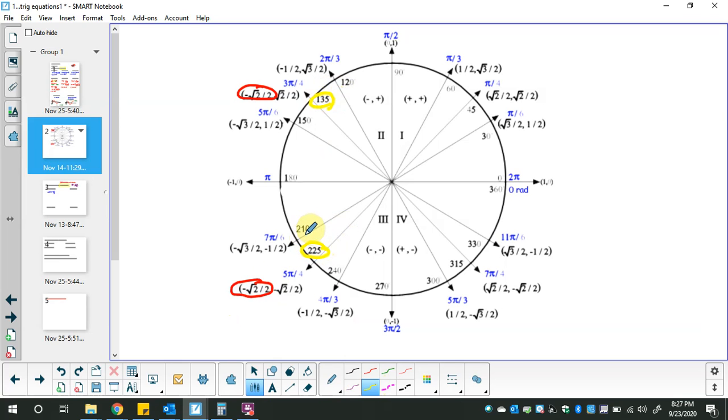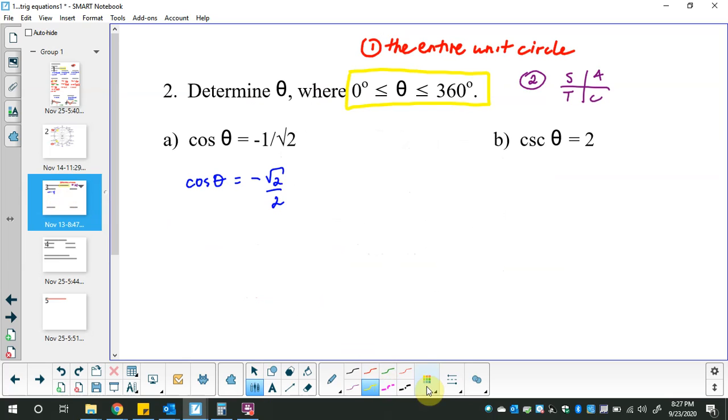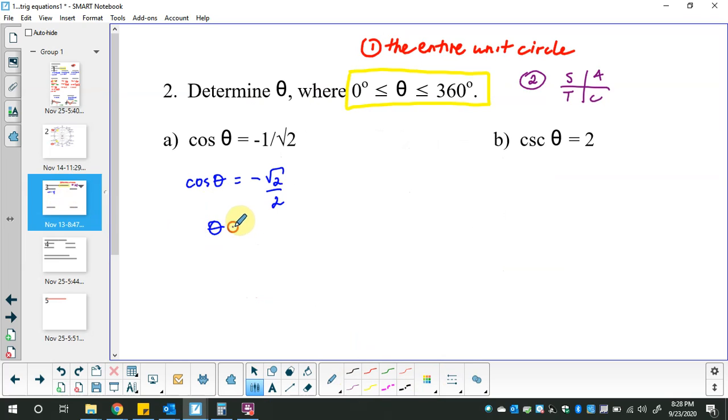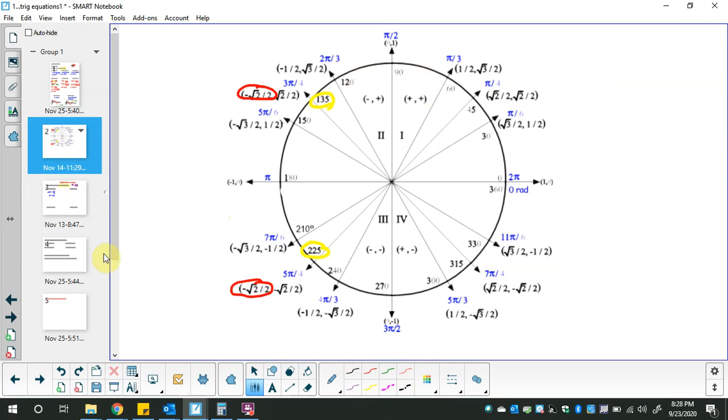So we get to write down theta equals 135 degrees or 225 degrees. You don't get to write down the cos anymore, and the reason you don't get to write down the cos anymore is you looked that position up. So you write down the 2 that you find, and you're done.